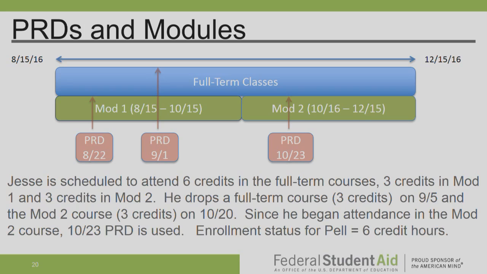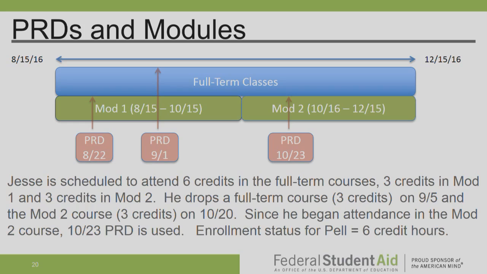Now, did he activate that Pell recalculation date in Module 2? He did, because he began attendance in Module 2. So I now have to use a Pell recalculation date of 10/23 because he activated that by beginning attendance in a Module 2 class, even though he withdrew prior to the Pell recalculation date.